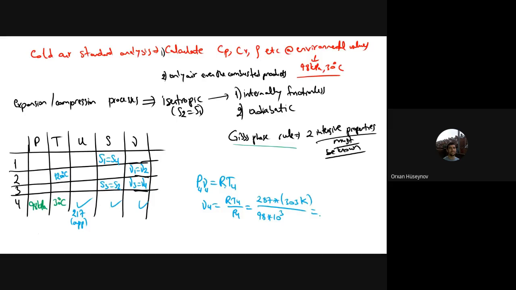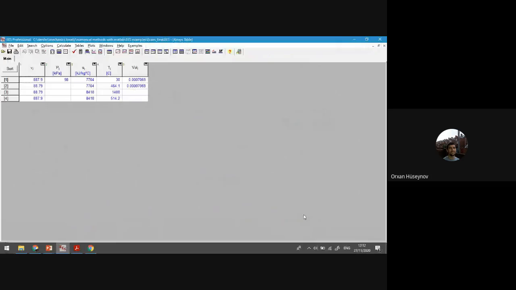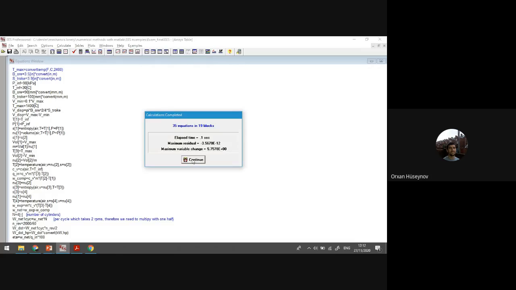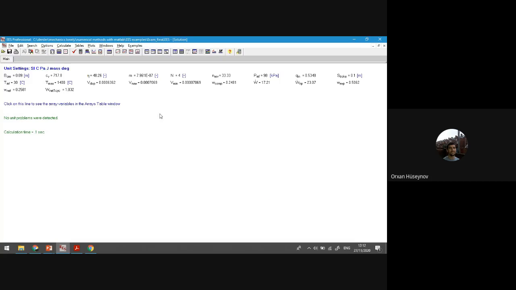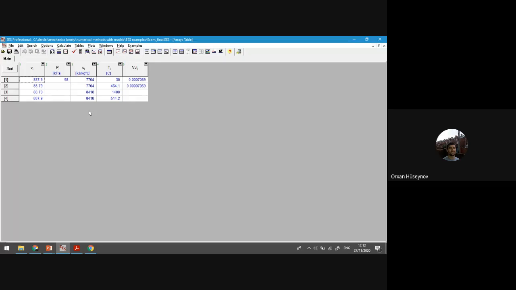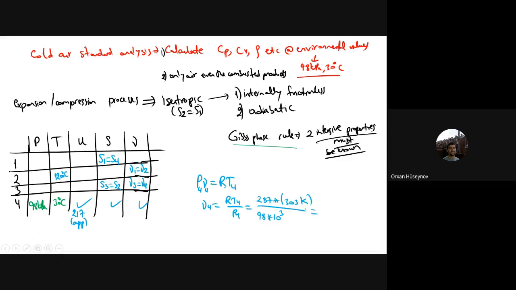Okay, this is the v value, and if you calculate it, you will get that v4 is 0.887 cubic meters per kilogram.